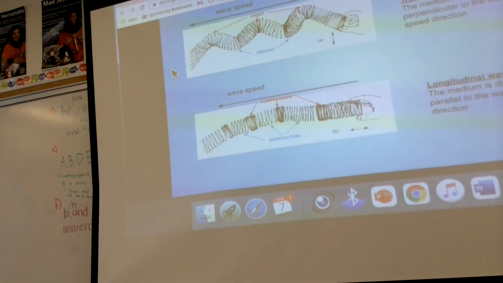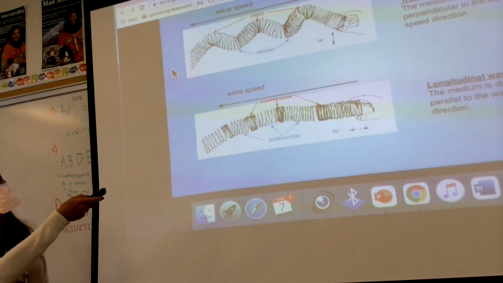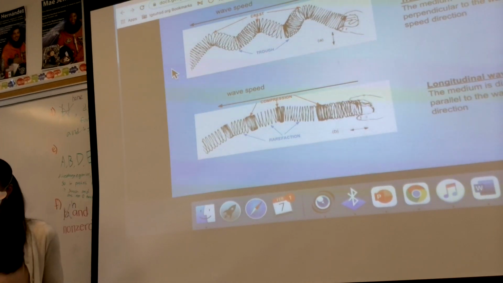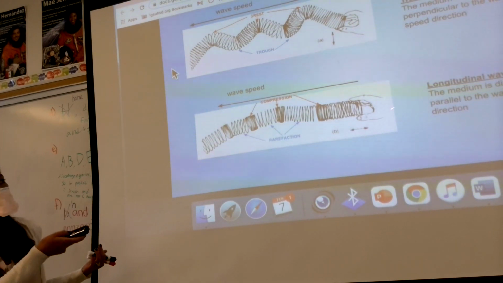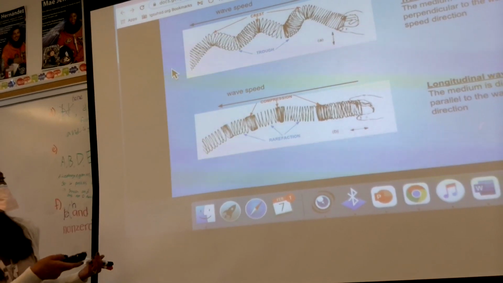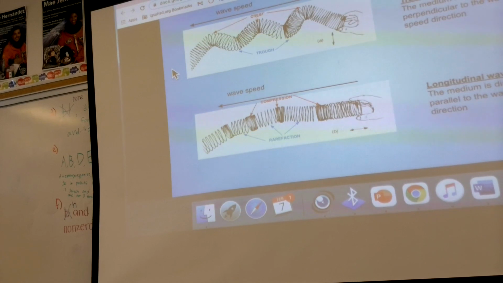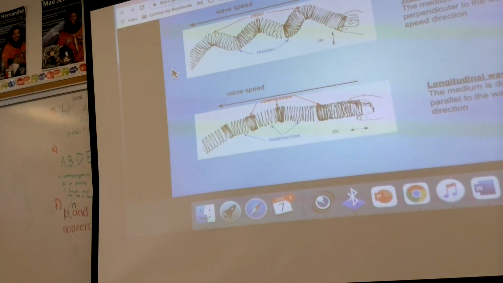It just vibrates. This is what you need to write down. This is a transverse wave, which is the wave we've been seeing. I put it on a slinky because you're going to be working with slinkies today. And this is a longitudinal wave. If you're going to draw it on your paper, I usually draw longitudinal waves like just compressions, a little more spread out, another compression, a little more spread out, another compression, and then spread out.